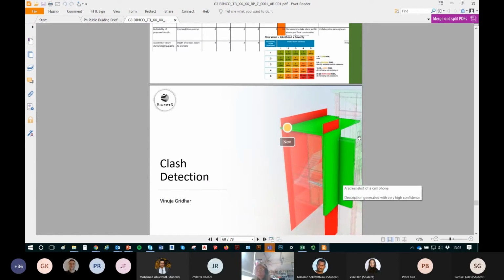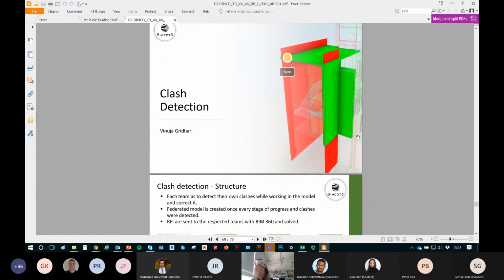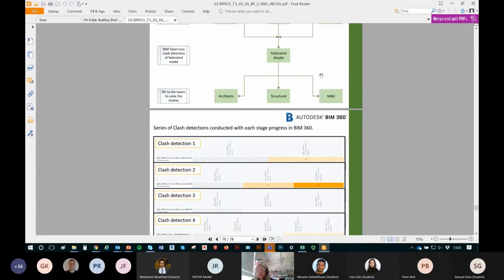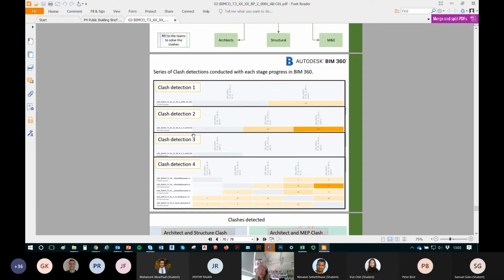There's a little bit of explanation of clash detection, and then how they managed that process throughout, demonstrating how they managed to resolve those clash detections conducted at different stages in the process.